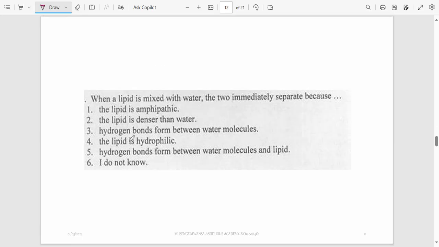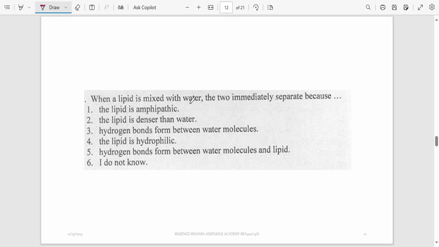Question 2. When a lipid is mixed with water, the two immediately separate because: the lipid is amphipathic, the lipid is denser than water, hydrogen bonds form between water molecules, the lipid is hydrophilic, or hydrogen bonds form between water molecules and lipid. Which one do you think is the answer here?